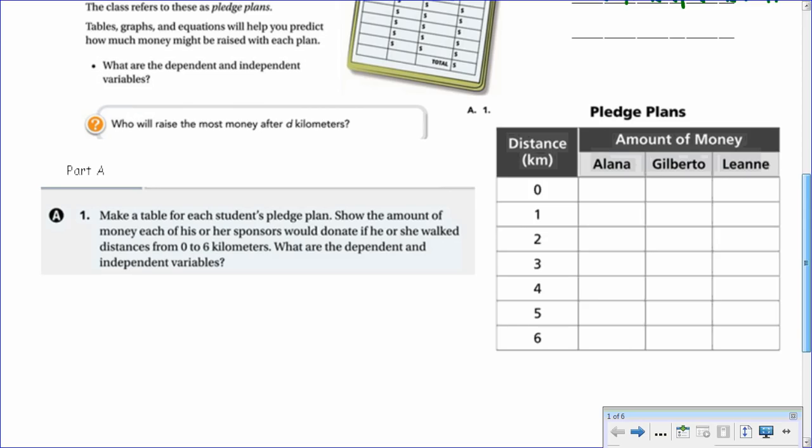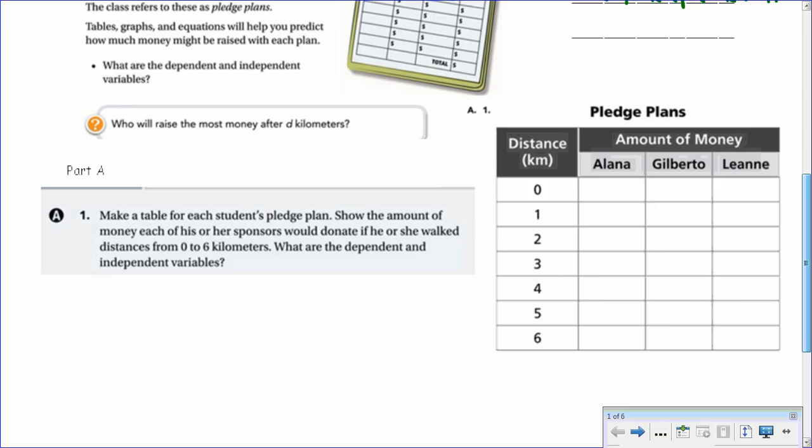What's their pattern of what it's going to increase by? So what are the dependent and independent variables for all three of these people? With your shoulder partner, I'll give you about, we'll say 5 minutes. Try to figure out the dependent and independent variables for each one of them and the pattern as to what each person would have in the table.